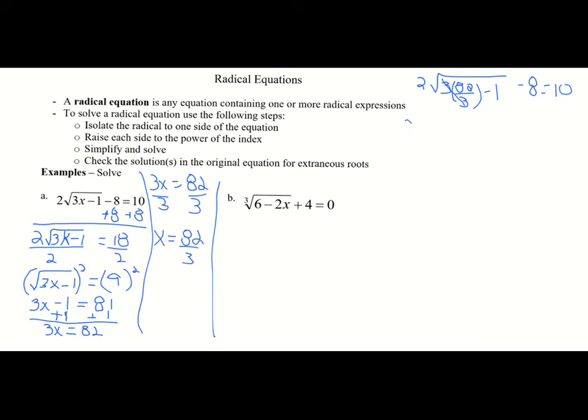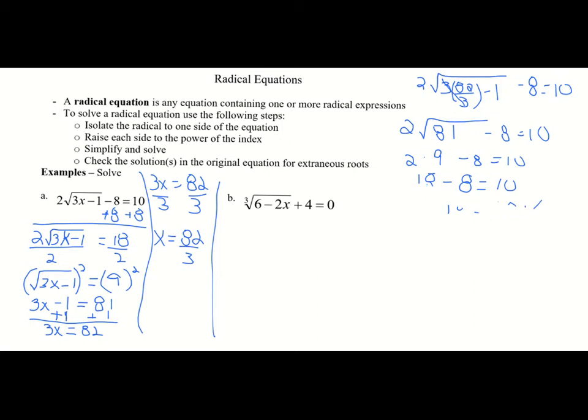So now I have 2 square root 82 minus 1, which gives me 81, minus 8 equals 10. So the square root of 81 is 9. Then we do 2 times 9 minus 8. And 2 times 9 is 18 minus 8. And 18 minus 8 gives me 10. So 10 equals 10. So that does work. But you do want to check all your answers to make sure that it works.